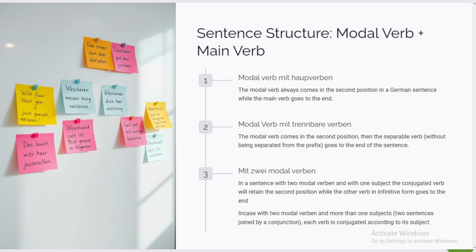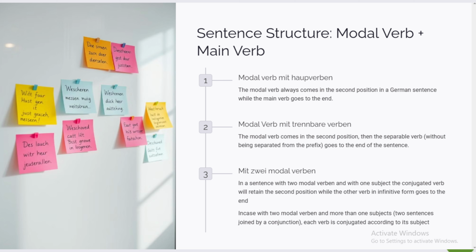Again, point number 4. When we have two modal verbs in one sentence, there's no conjunction. It's just one sentence, one complex sentence. The conjugated modal verb will come in position 2, and the other verb will come at the end of the sentence, not conjugated, in its infinitive form.